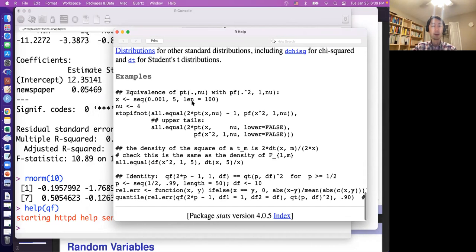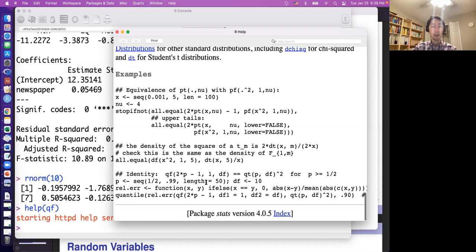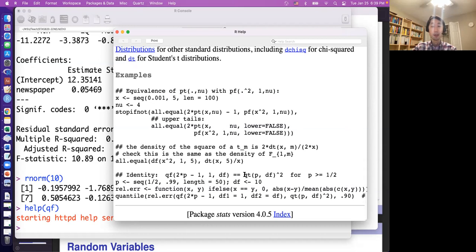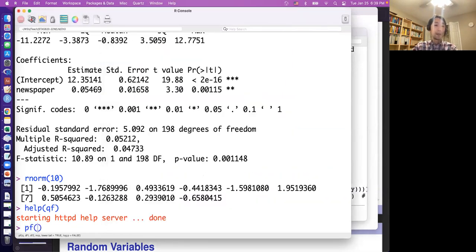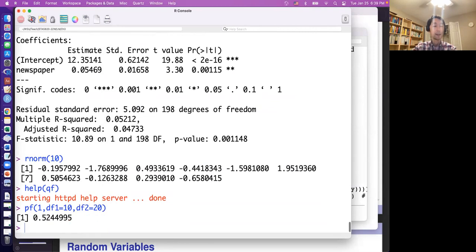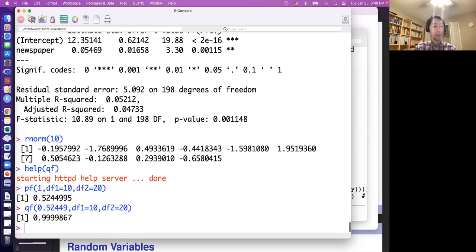So examples are also around here. Yeah, like qt or something, right? Yeah, pf with df1 is 10 and df2 is 20. Then this is 52%. And that means this value becomes 1.